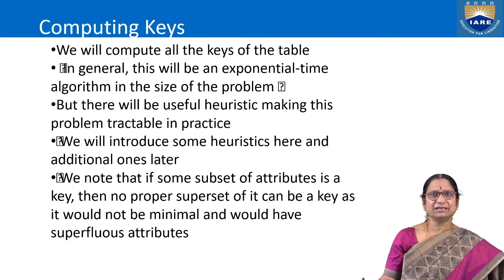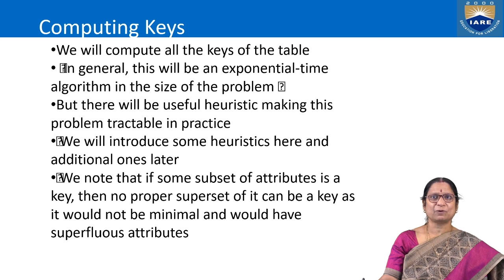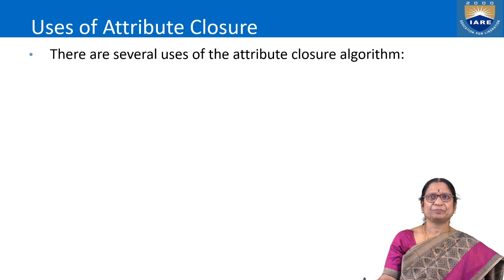Combinations, no, that's why it takes more time. That is an exponential time algorithm in the size of the problem. But if you have some idea, there is a heuristic. If you have an idea of which dependency or uniqueness of the attributes is available, then tractable problems can be considered.